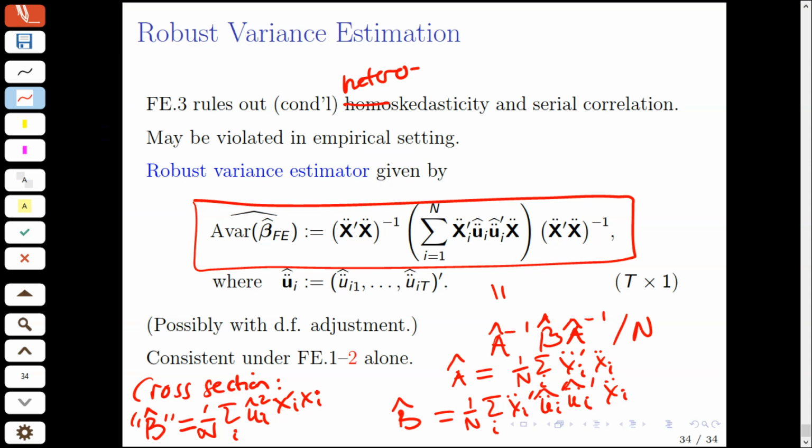Again, this runs completely in parallel, or our robust variance covariance estimator here is completely analogous to the heteroscedasticity robust variance covariance estimator in the cross-section case, except that we have to take into account that our residuals here are vectors of dimension T by 1.